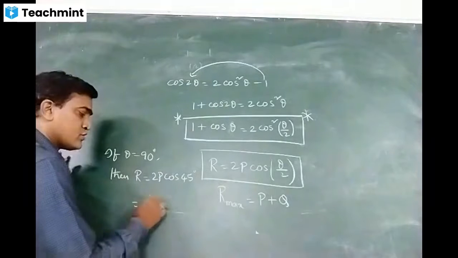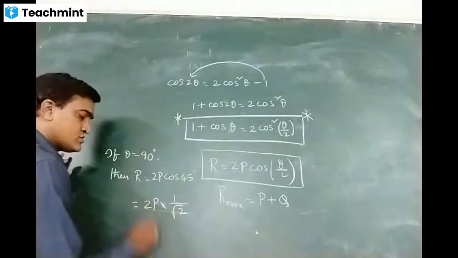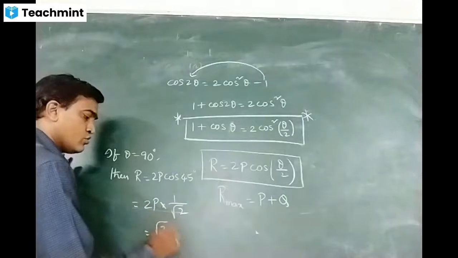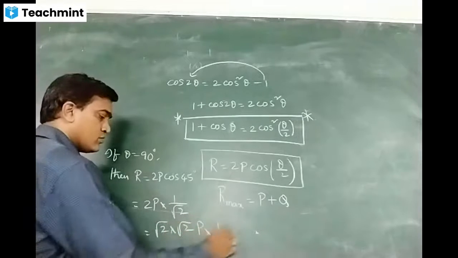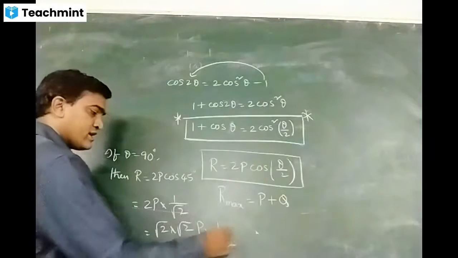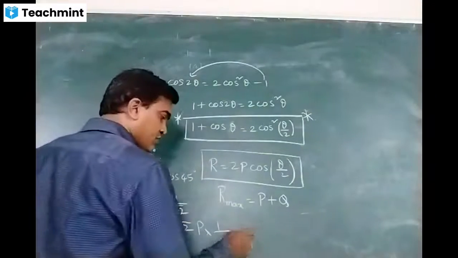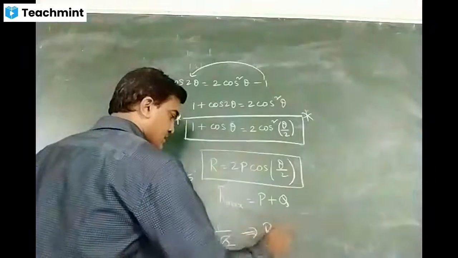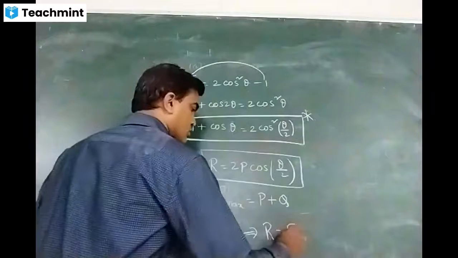Now which is nothing but 2p into 1 upon root 2. This 2 I can write as root 2 into root 2. P into root 2 times 1 by root 2. Can I cancel root 2? Finally, what I got? R is equal to root 2p.